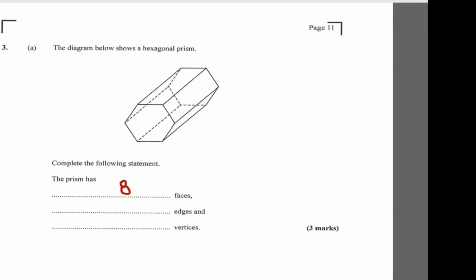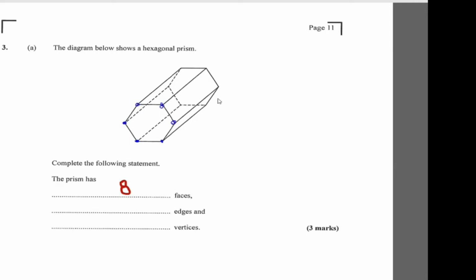Now, next thing it wants are vertices and edges. I like to start with the vertices. The vertices are basically just the corners. All right, so I'm drawing blue dots to show you the corners. 1, 2, 3, 4, 5, and 6.